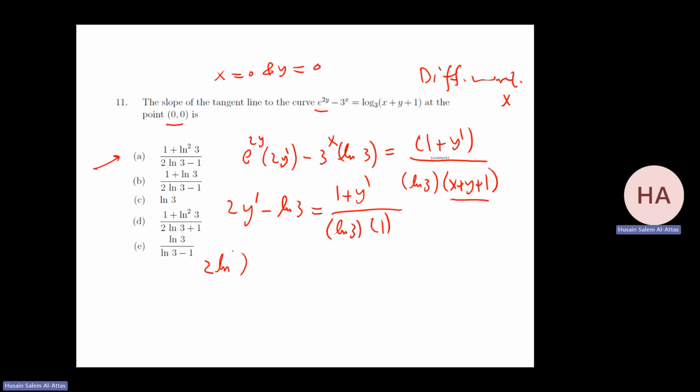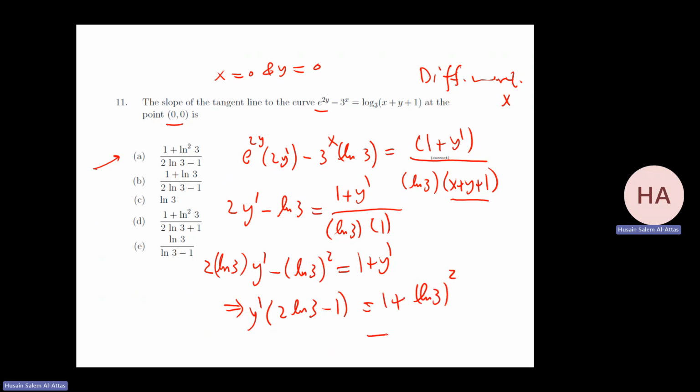Do the calculation now: 2 ln 3 times y' minus (ln 3) squared equals 1 plus y'. So y' will be what? I took this to the other side, so I have 2 ln 3 minus 1, and this one, 1 plus (ln 3) squared. So y' will be 1 plus (ln 3) squared over 2 ln 3 minus 1, which is this one.